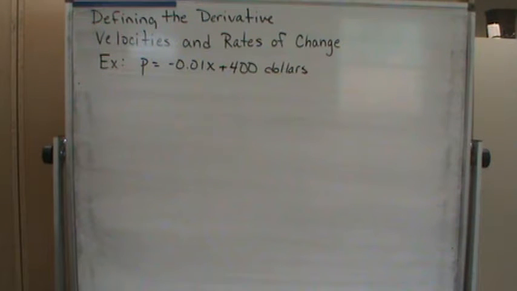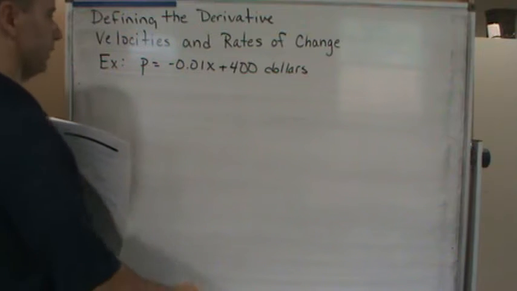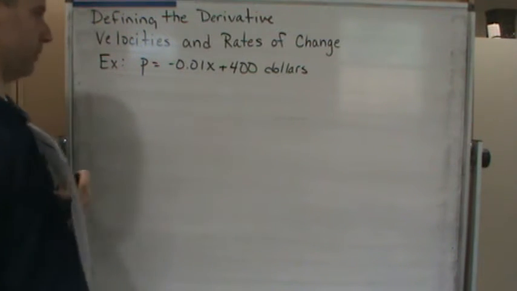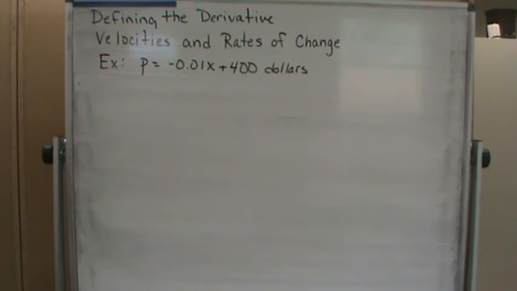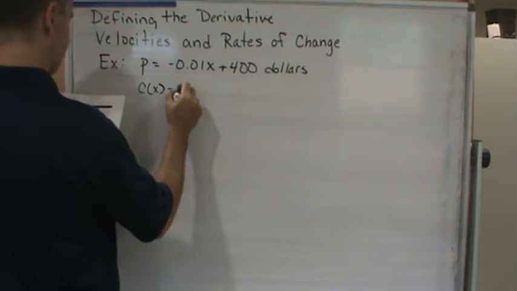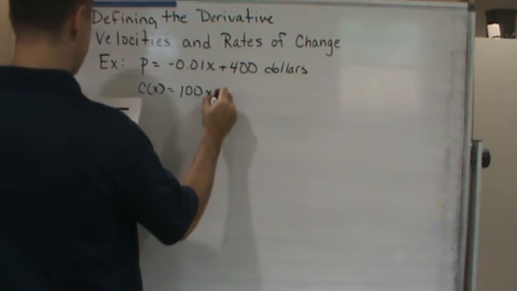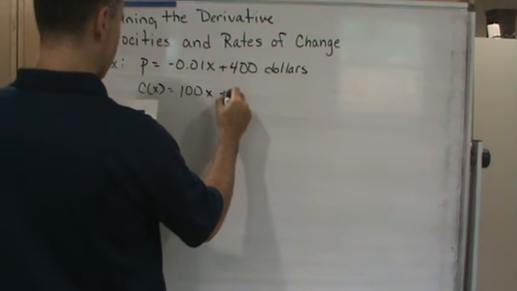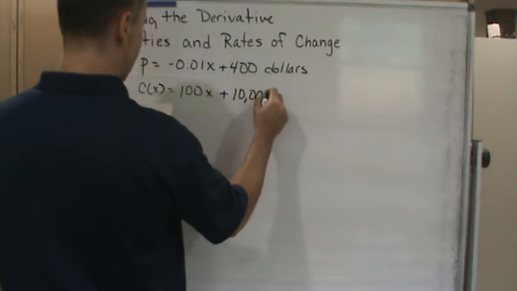So that's the function of x, where x is the number of gaming systems sold, and based on the number of gaming systems sold, that function represents the price of each gaming system. The cost of manufacturing x systems is given by C of x equal to 100 times x plus $10,000.